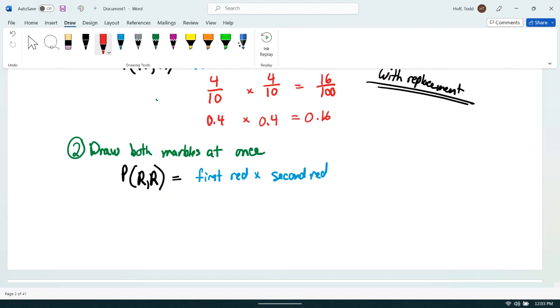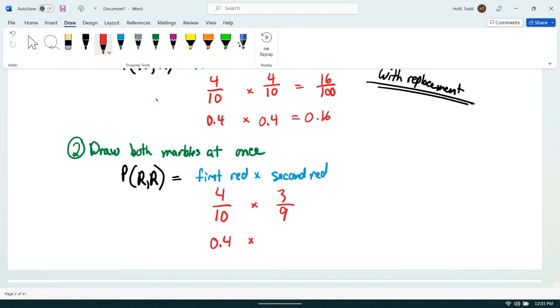But now the first one being red, there's 4 red marbles in the box out of 10, so 0.4. The second one being red now, however, this first one was red, there's only 3 red marbles left in the box, and there's only 9 marbles. So we drew them out at the same time, but we consider the first one to come out first, then we consider the second one being pulled out. The second one is only 3 red out of 9 total in the box.